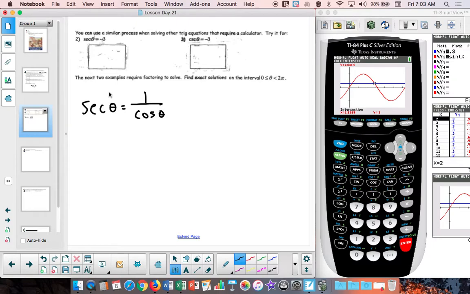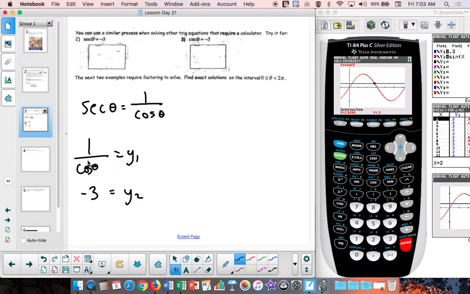Make sure you're using, instead of graphing secant, you're going to graph 1 over cosine theta as your y1, and then your y2. You can either do this, or you could flip -3 as well. So you could say -1/3. The way we have it written, we want it to be written like this. Find those points of intersection, and then you're good to go.